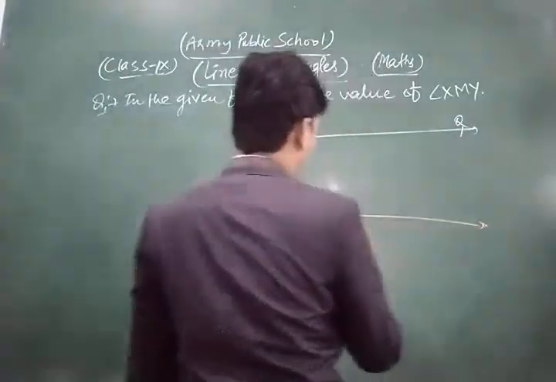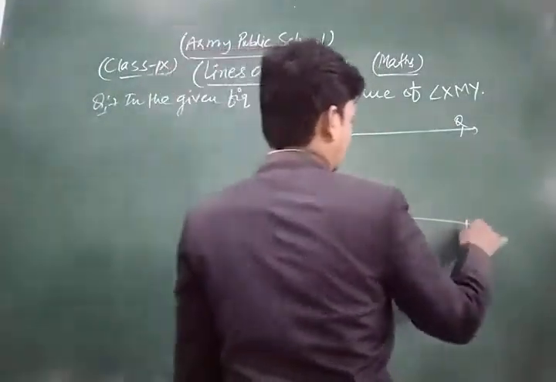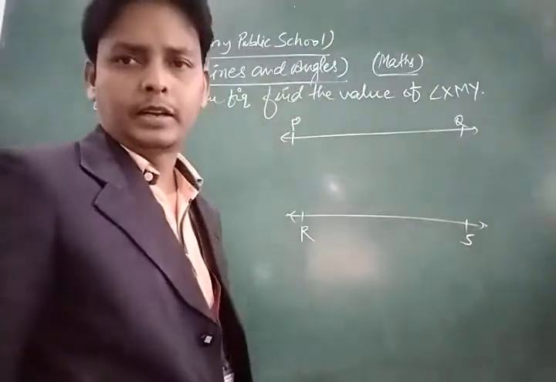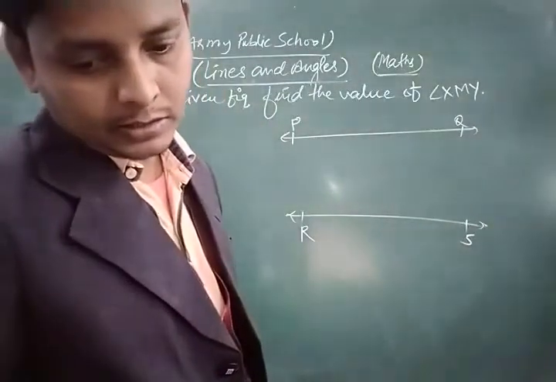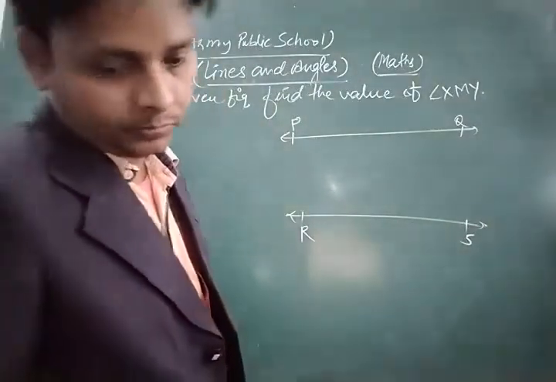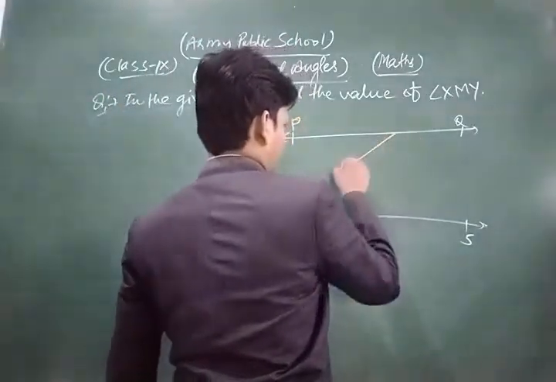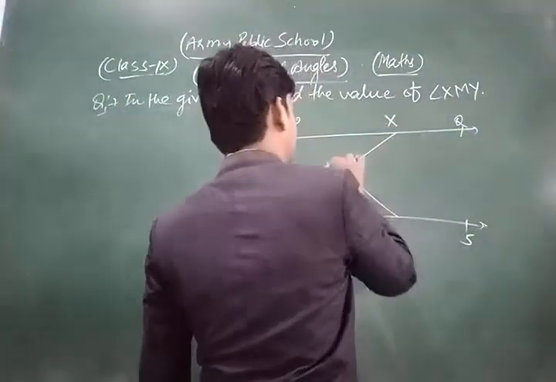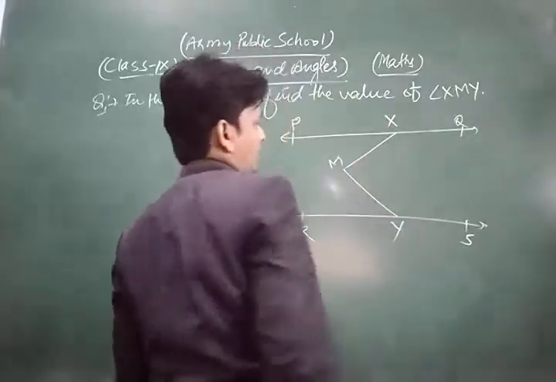PQ and RS are two parallel lines, and this is x and y.